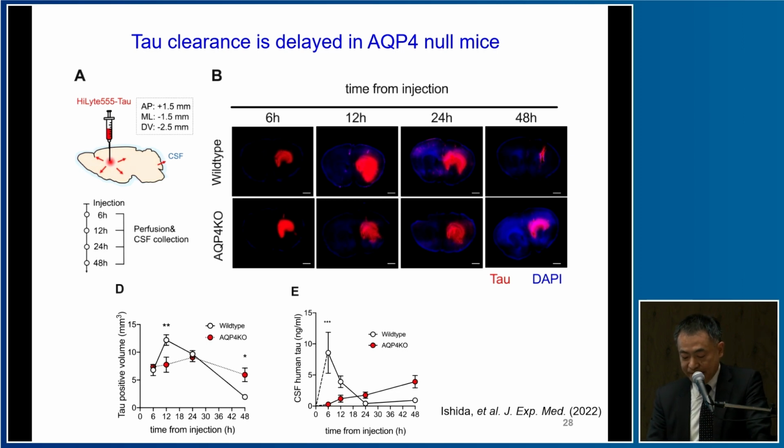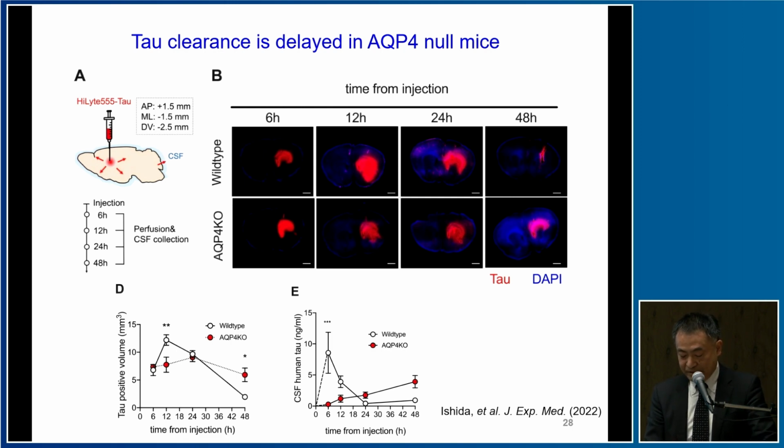If you look at this lower left panel, you can see the transient increase and decrease of injected tau in the wild type model. But in the case of aquaporin 4 knockout, there's a gradual, slow increase of tau in parenchyma.